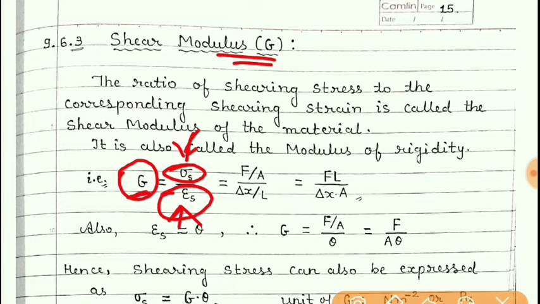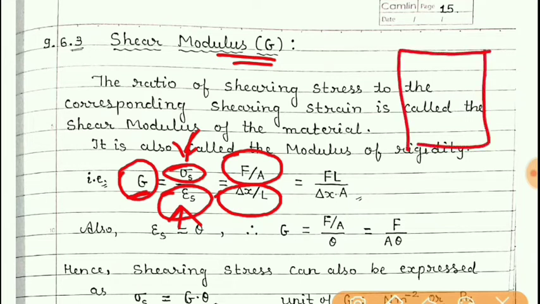And what is shearing stress and shearing strain? That we have already studied. Now shearing stress is force per unit area, and shearing strain is delta x upon L. Students, you must remember, suppose there is a cube and a tangential force is applied, so what will happen?